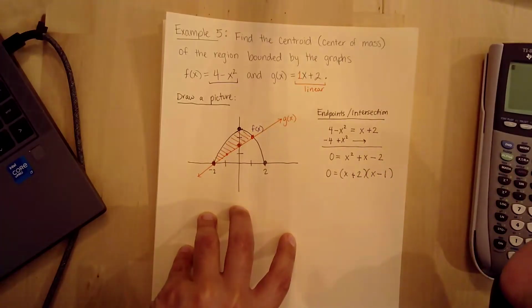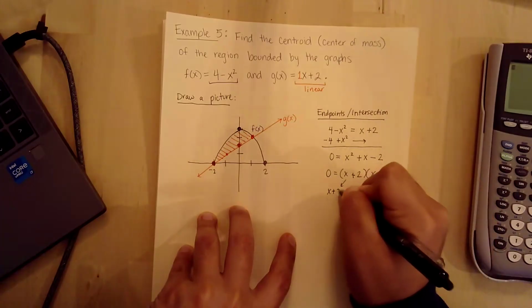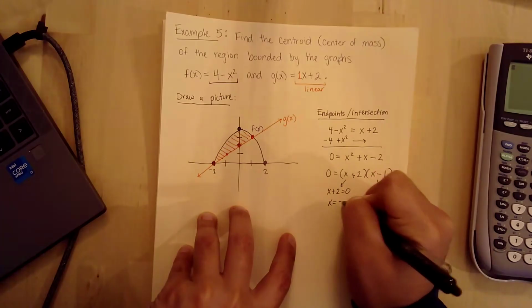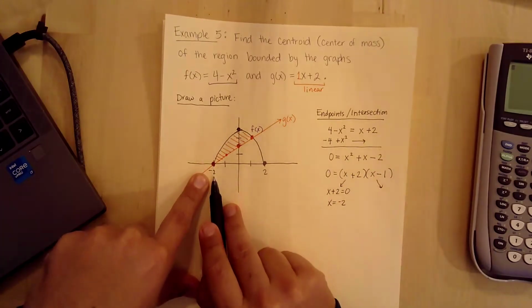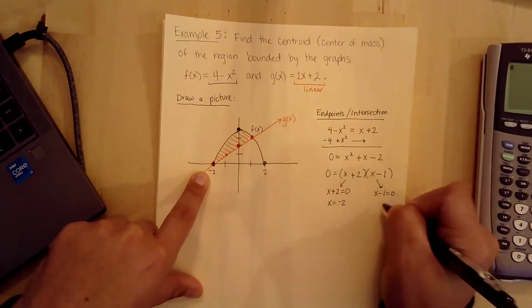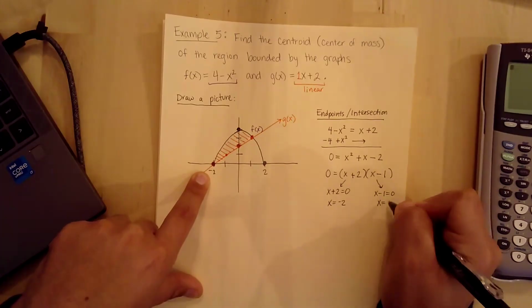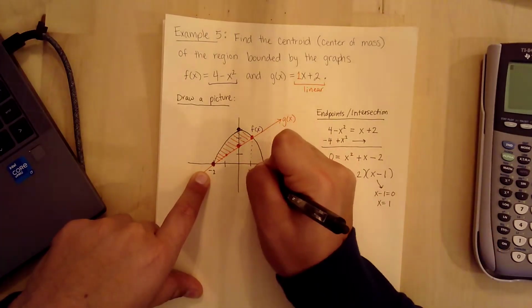So if we need a positive 1, the bigger one's going to be the positive, the smaller one's going to be negative. Okay. So if we set these equal to 0, x plus 2 equals 0, we get x is equal to -2, which is where we said this intersection should be, right, at -2. And then x minus 1 equals 0 is going to give us x is equal to positive 1 when we add that over.